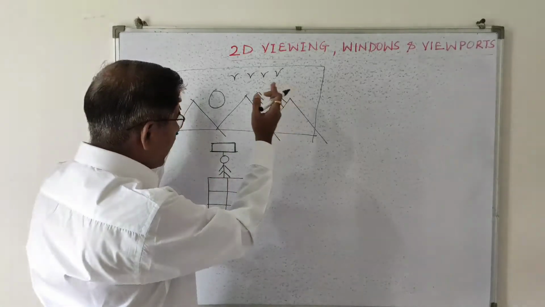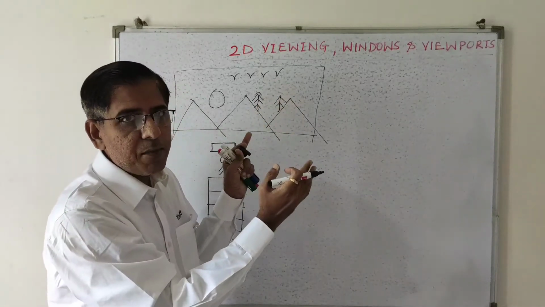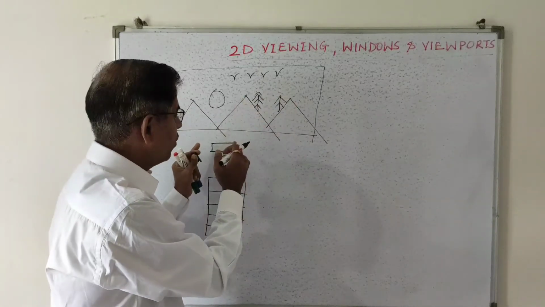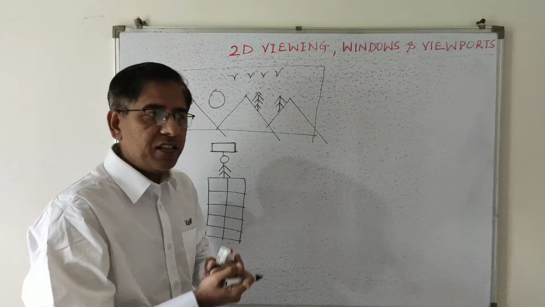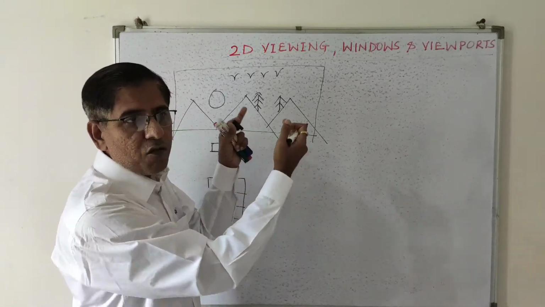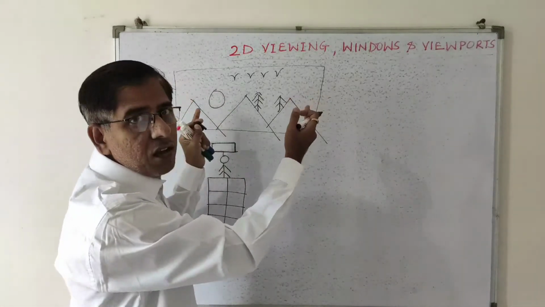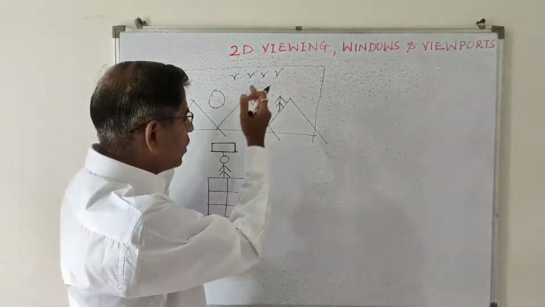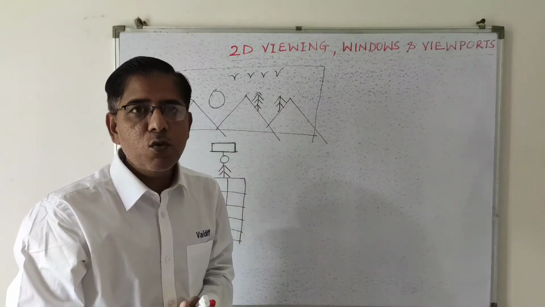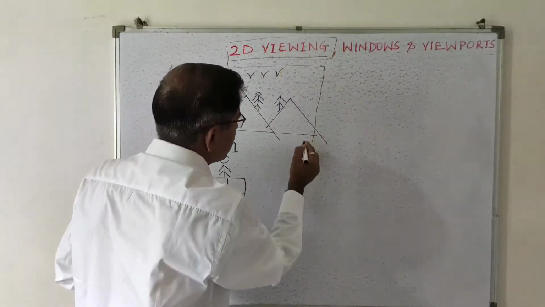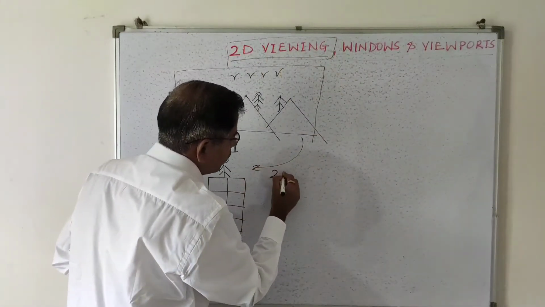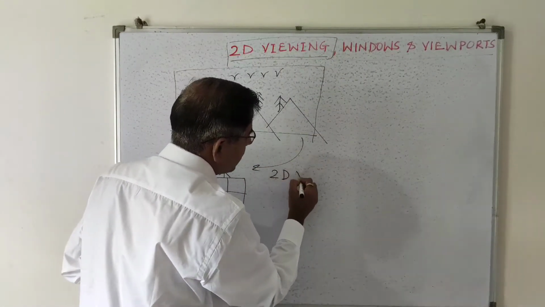But you are capturing that scene into a picture which is two-dimensional, and this transformation from a three-dimensional scene to a two-dimensional picture is called 2D viewing.